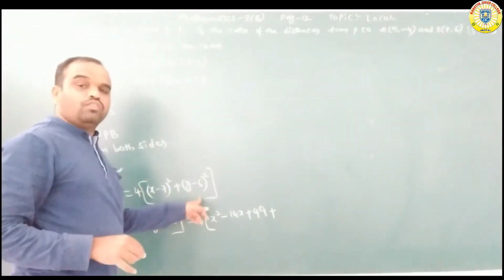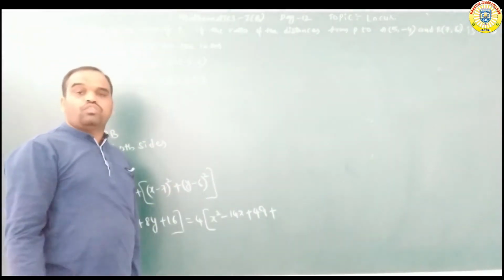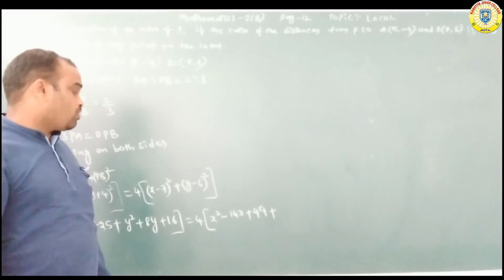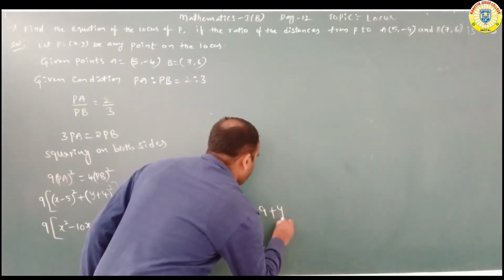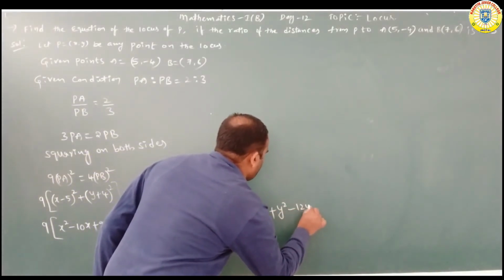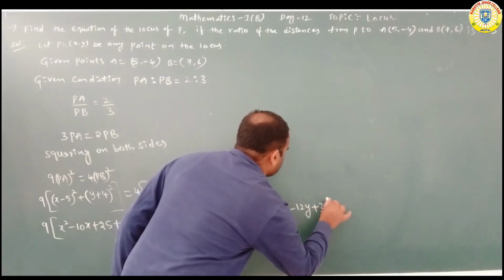Now (y minus 6) whole square: y square minus 12y plus 36.